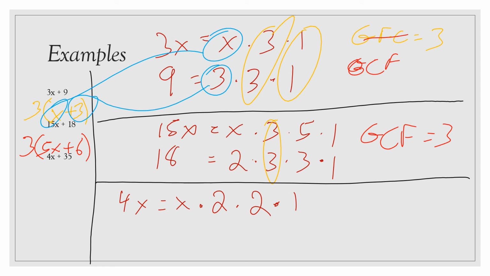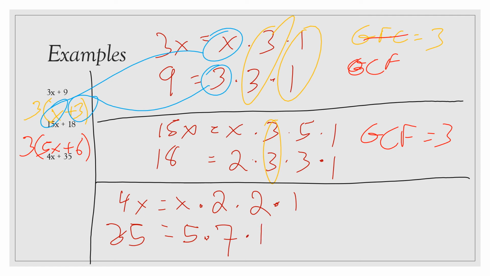Okay? And then 35. Can 35 be divided by 2? No. Can 35 be divided by 3? No. Can 35 be divided by 5? Yes. And that happens to be 7, which is not, there's nothing smaller that goes into 7 other than that 1.